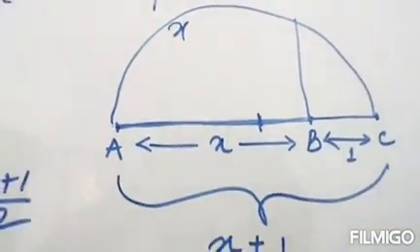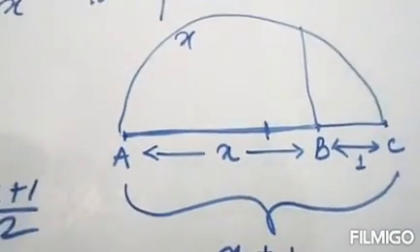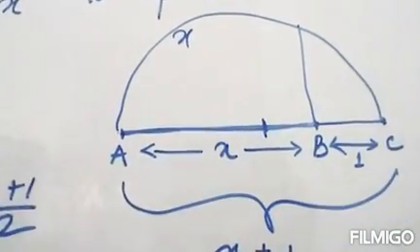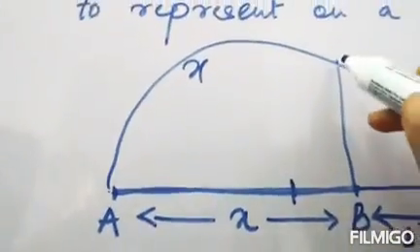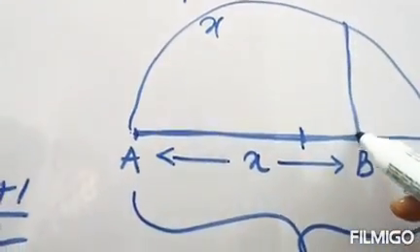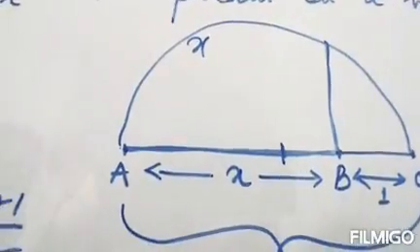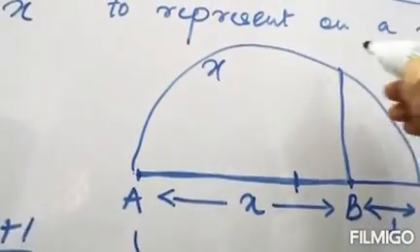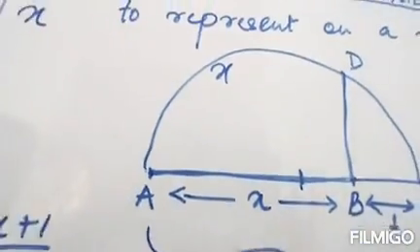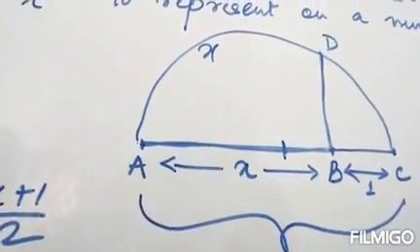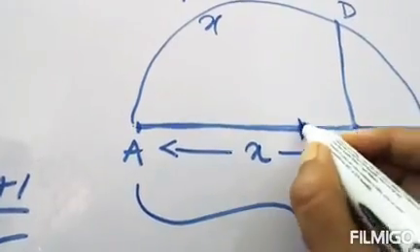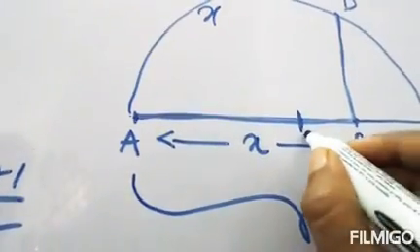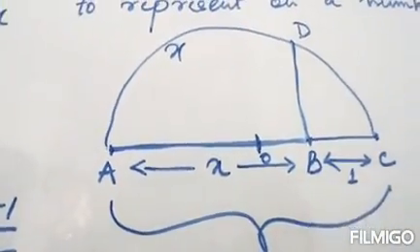What is a perpendicular? Perpendicular means a line which is at 90 degrees to another line. If we draw the perpendicular, let us name the point D, and let the midpoint of this diameter be named O.